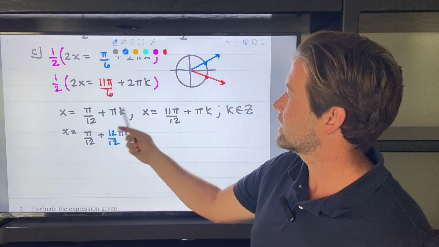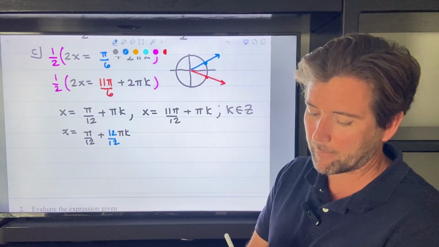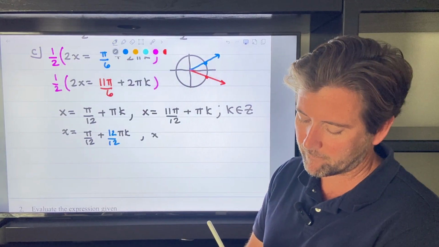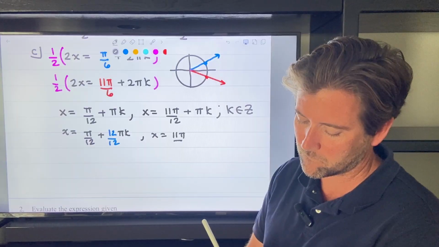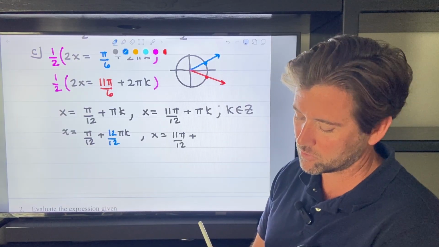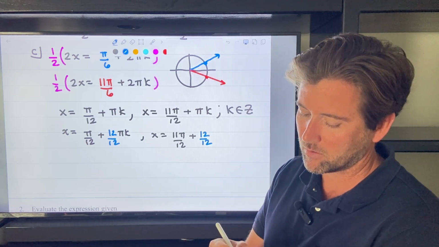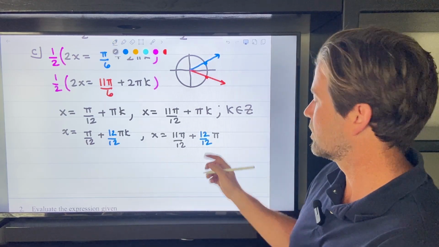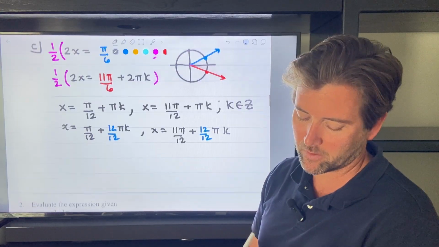So pi k is the same thing as 12/12 pi k. Again, this pi k I'll change to 12/12 pi, same thing as 1 pi k.